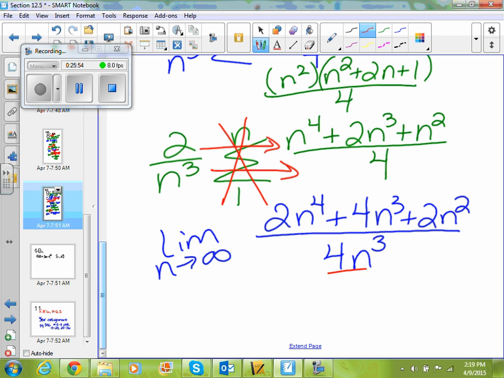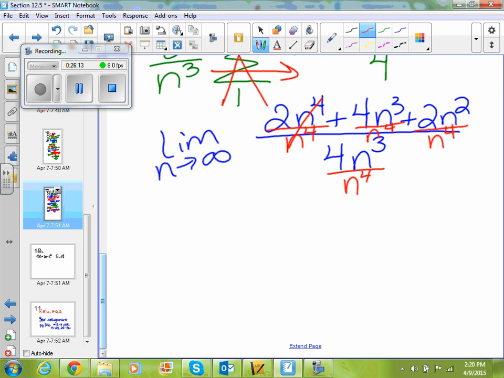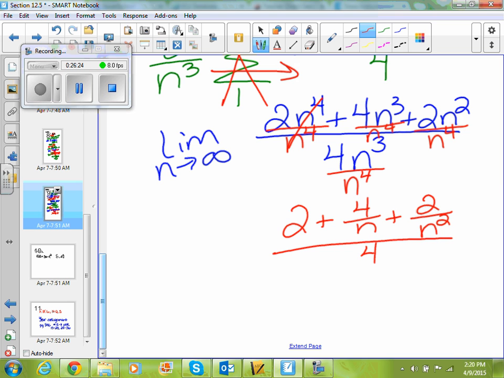Okay, and then we always say you want to get fractions. We're going to divide everything by our biggest exponent, which in this case is n to the 4th. So I end up with 2 plus 4 over n plus 2 over n squared divided by 4 over n.